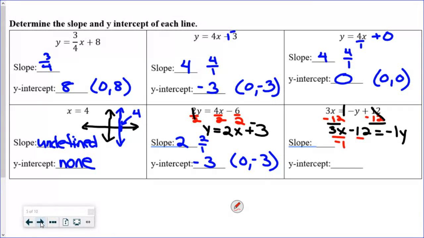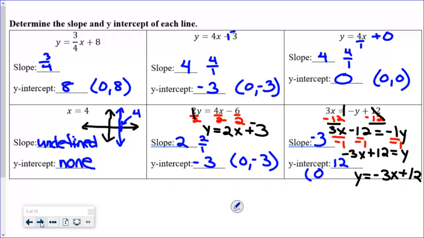Divide everything by -1, okay, and you'll get 3x, but now it's negative, plus, watch that, 12 equals y, or you could say y equals -3x plus 12. So my slope is -3 and my y-intercept is 12, but it's really the ordered pair 0, 12. Okay.